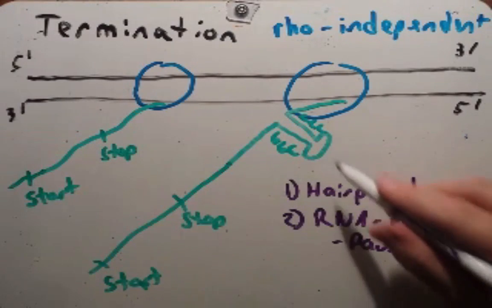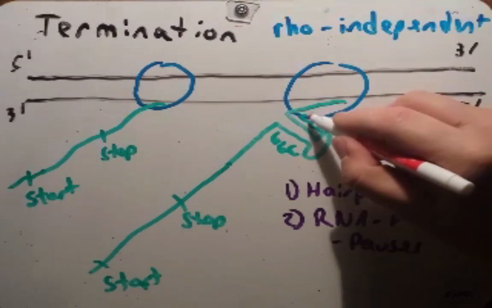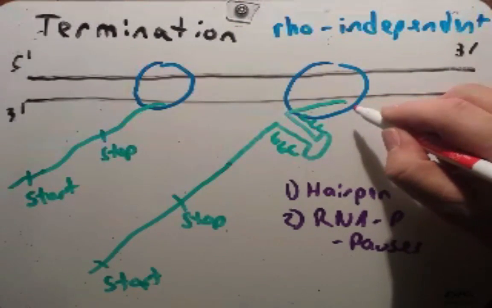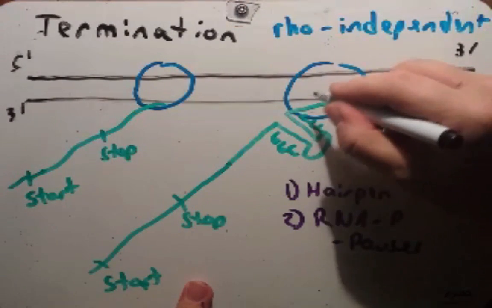I kind of think of this stem loop as functioning as a speed bump. The RNA polymerase is cruising along, making RNA, and then all of a sudden it hits this bump, this stem loop. And that causes it to pause just a little bit. And as it pauses, within these nucleotides right past the stem loop, the DNA has several A's.